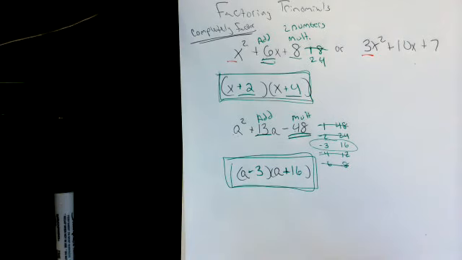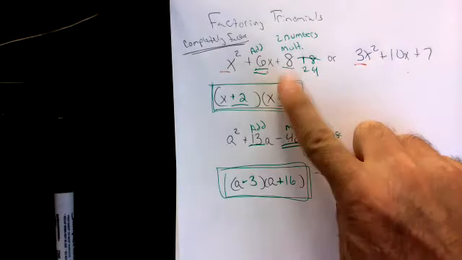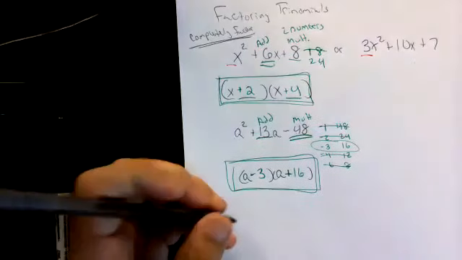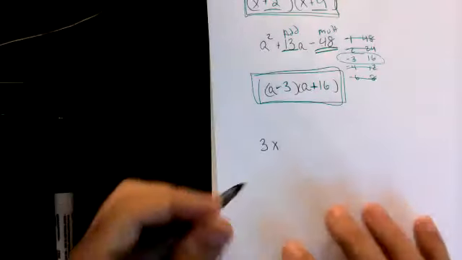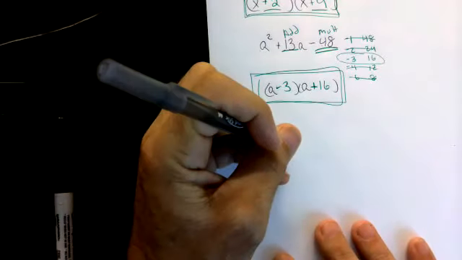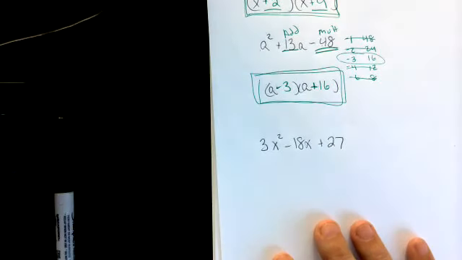Now, there is one other thing they can do that looks like a leading coefficient problem, but really ends up being one without a leading coefficient. For example, if they give us something like 3x squared minus 18x plus 27.